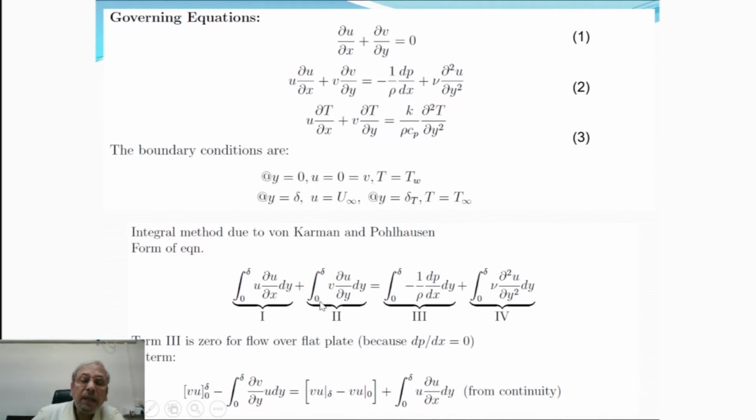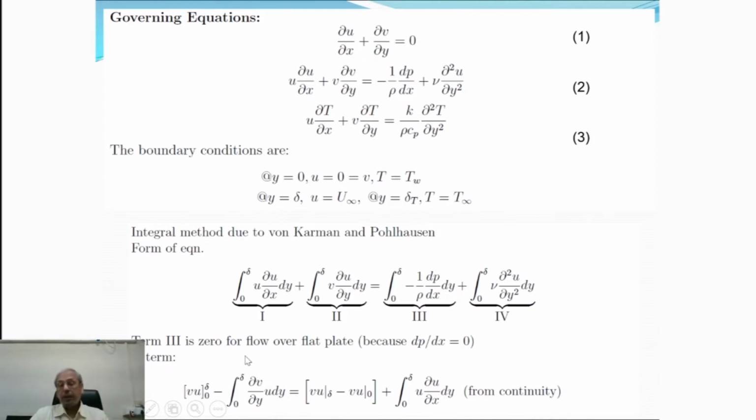Now, integration 0 to delta. This we can integrate by applying integration by parts. So first function into integration of second function, then we apply the limit, minus derivative of the first function into integration of the second function, then the entire thing integrated between 0 to delta.